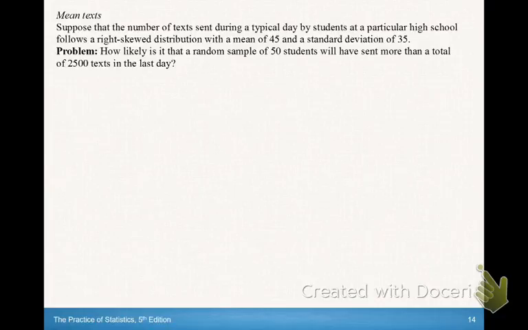Okay, so let's write down what we know. We know that mu for this population is equal to 45. We know that the standard deviation of the population is equal to 35.